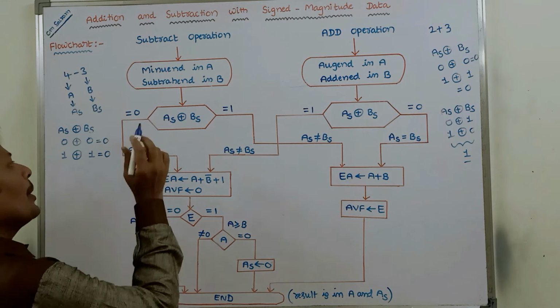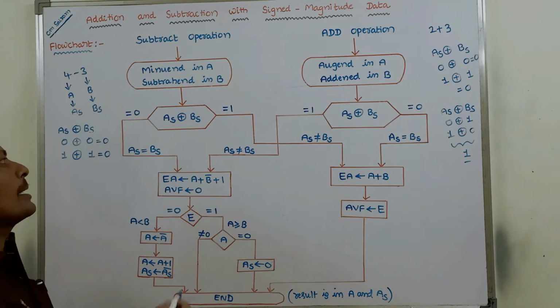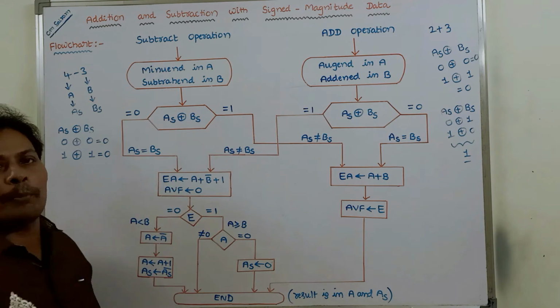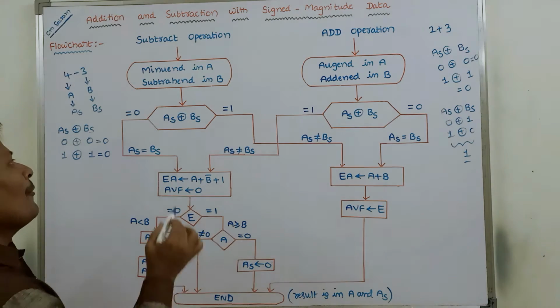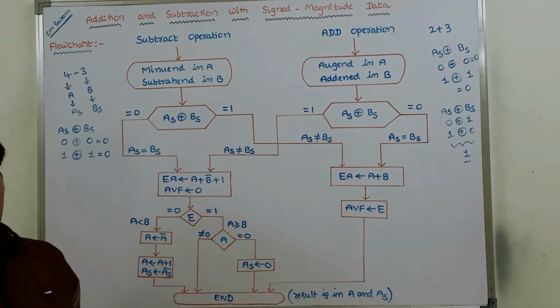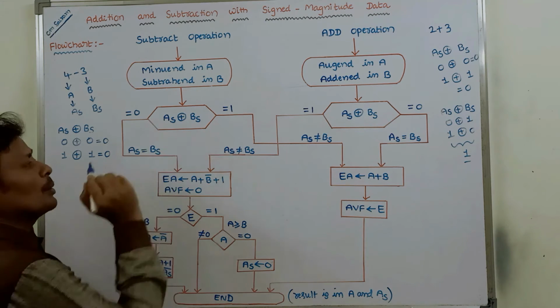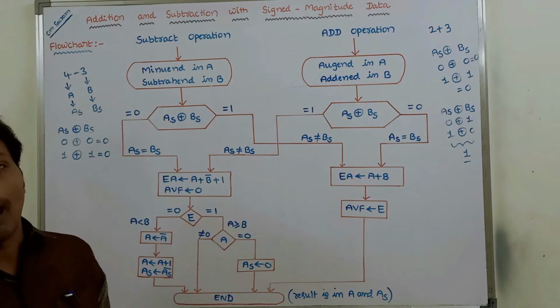Here the sign bit of the minuend is AS and the sign bit of the subtrahend is BS. First, we compare the two sign bits using a comparator, in which we use an exclusive OR gate.